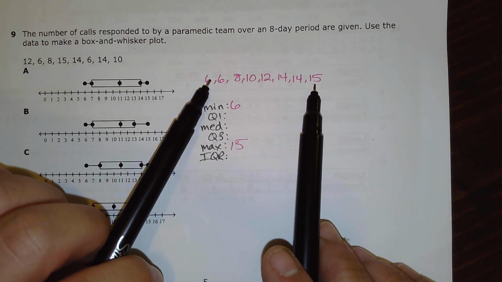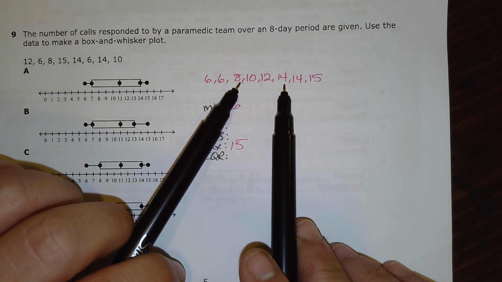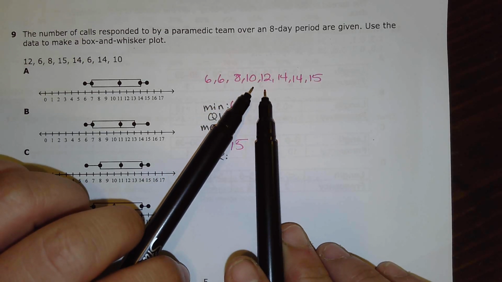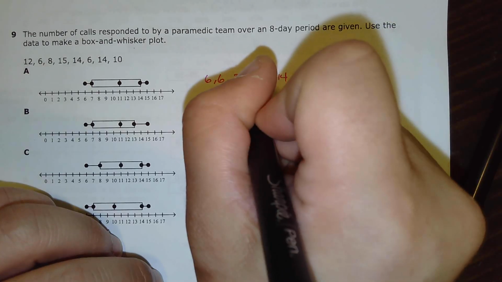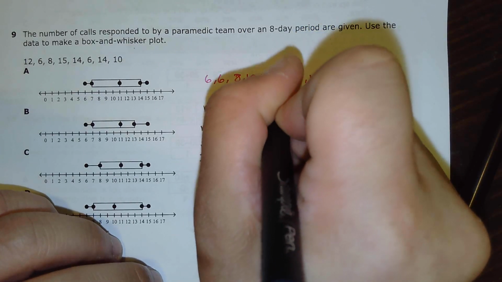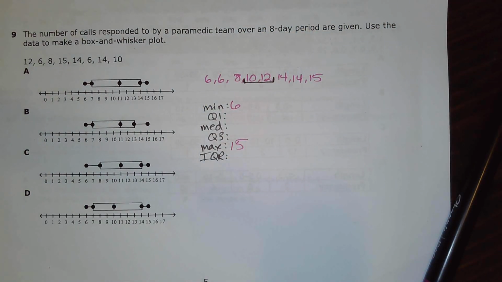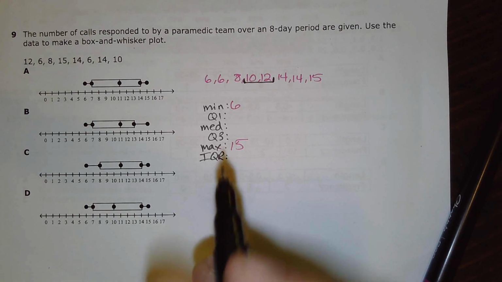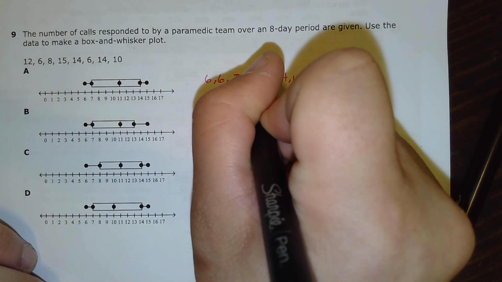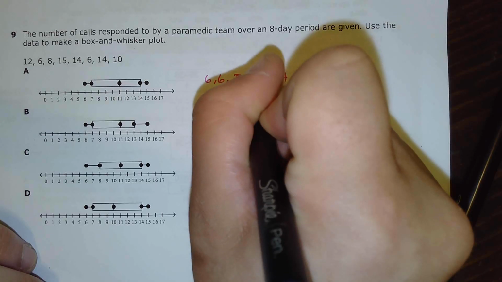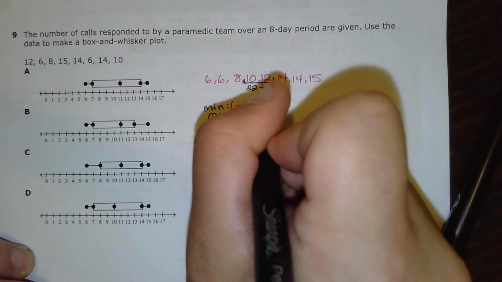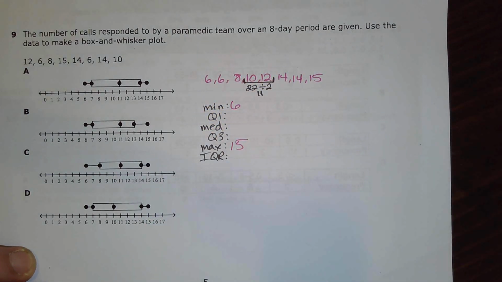We see that we have 2 numbers in the middle. In the event that you have 2 numbers in the middle, you add them up and divide by 2. So this is going to give us 22 divided by 2, which means our median is 11.